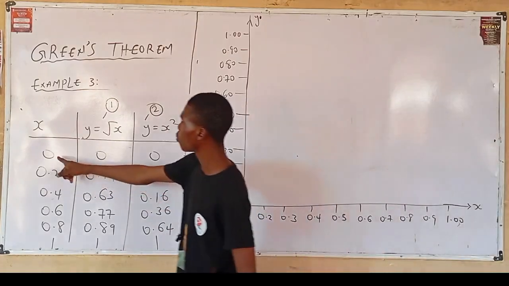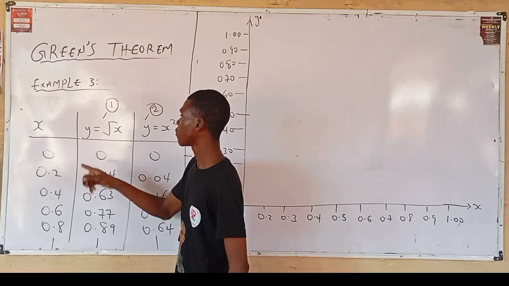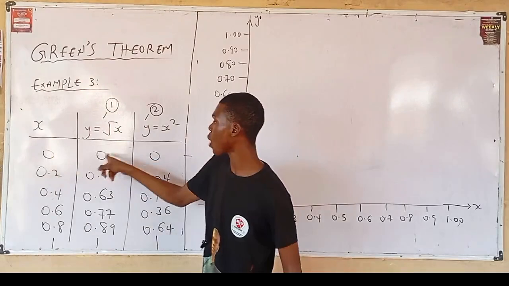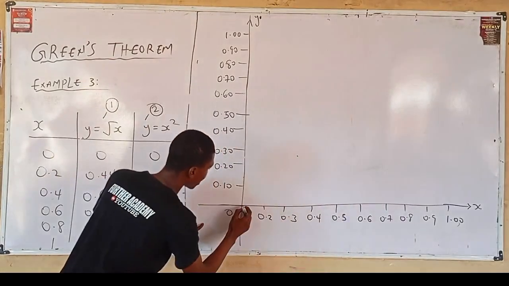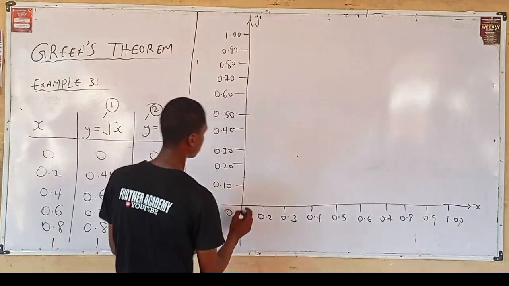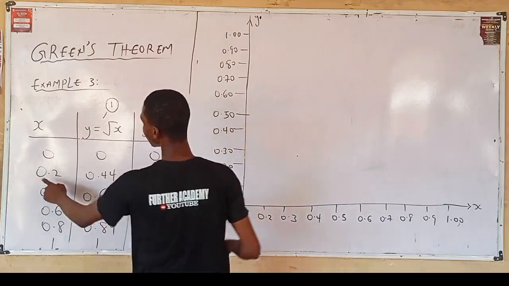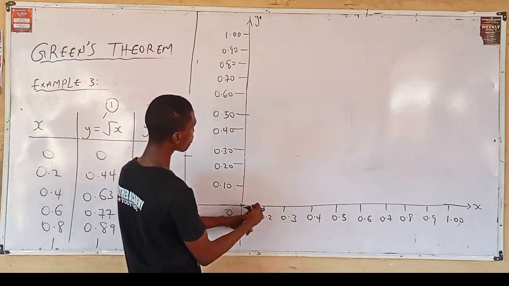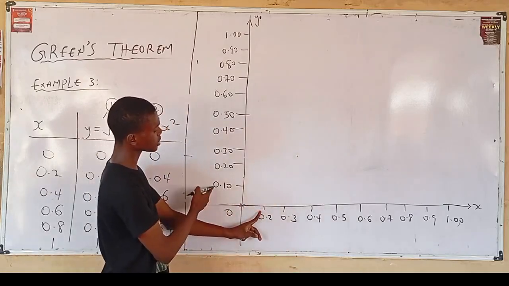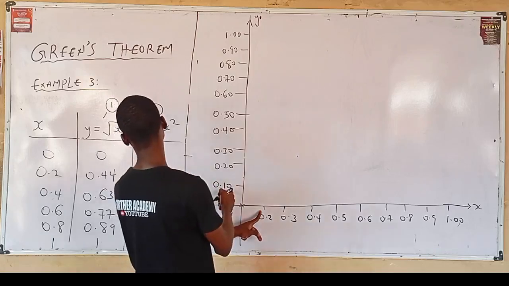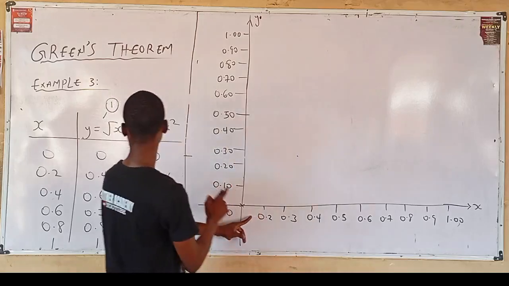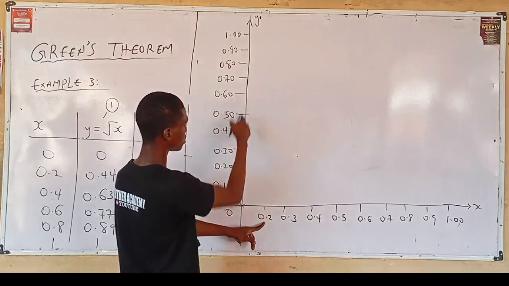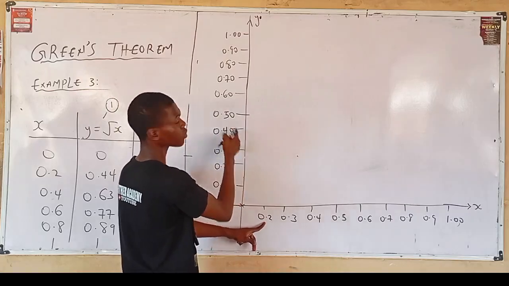Now, for this first curve, when x is 0, y is also 0, so I'm simply starting from here. Now, when x is 0.2, I'm having 0.44. Following my scale, this is 0.2, and 0.44 lies between 0.40 and 0.50.